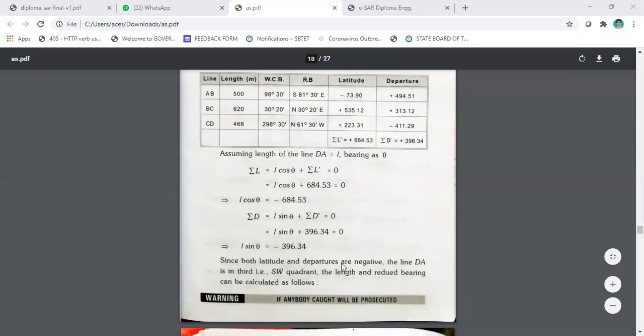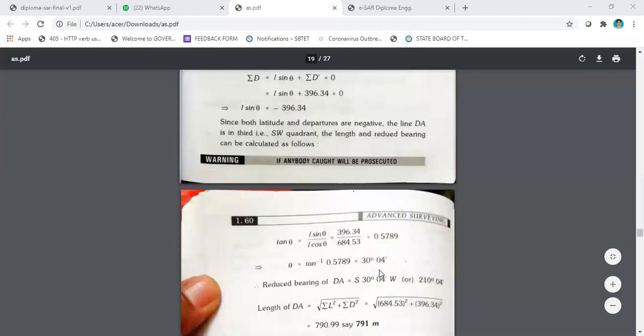Since both latitude and departure are negative, the line DA is in the third quadrant, that is the southwest quadrant, and length and bearing can be calculated. We have discussed this in the last class also. Length can be calculated by the formula under root of sigma L square plus sigma D square. When you substitute all these values, you will directly get the length. Similarly, theta is tan inverse of D by L, departure by latitude.